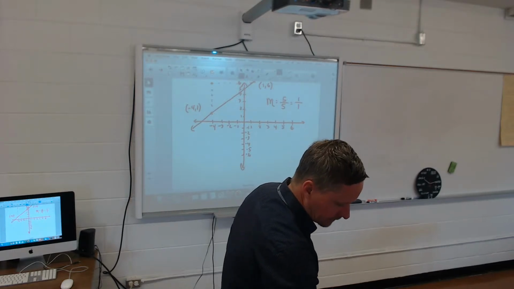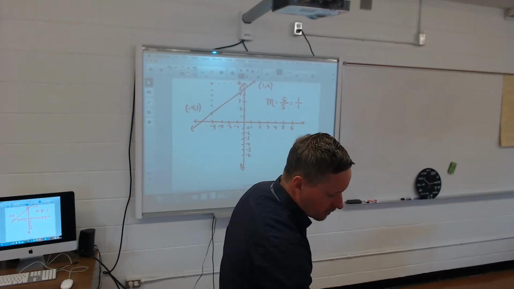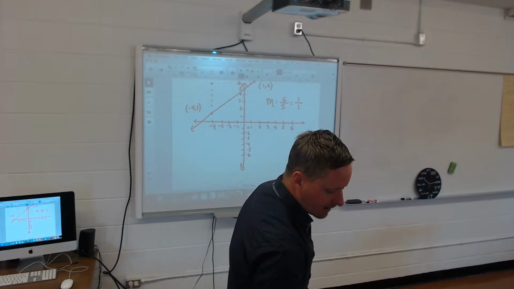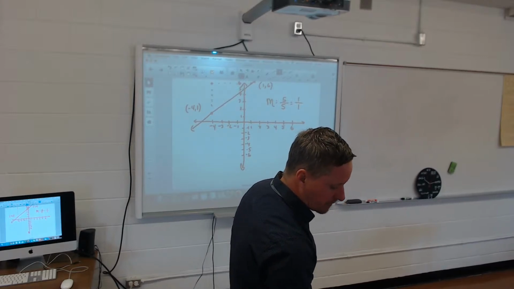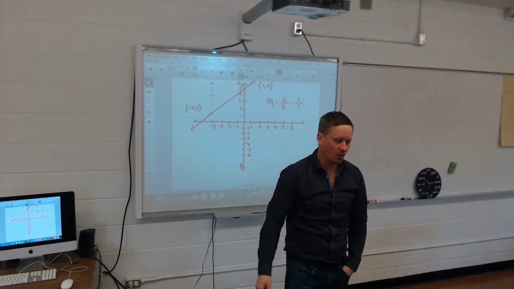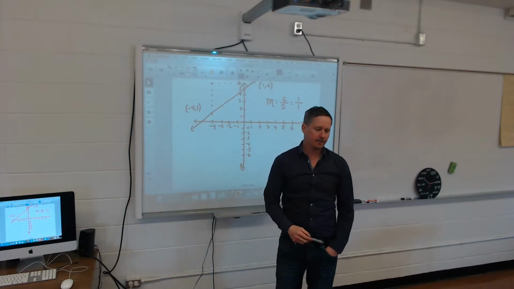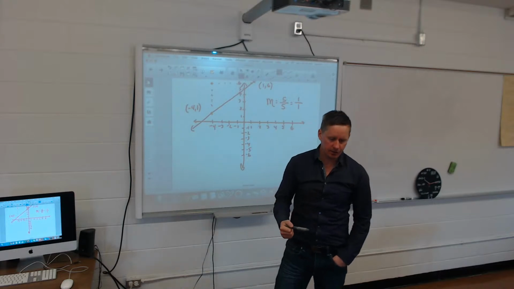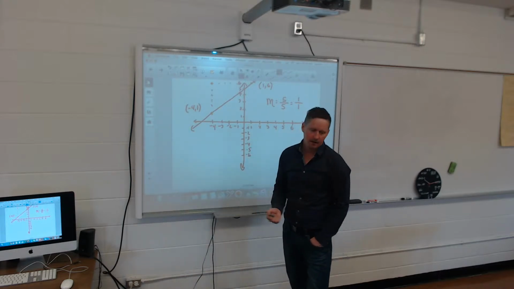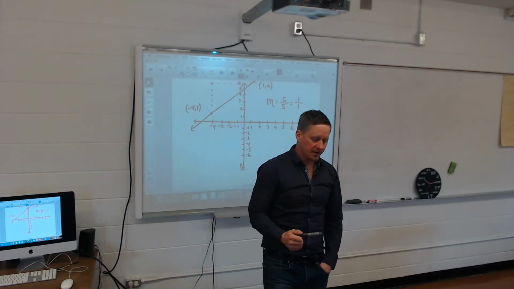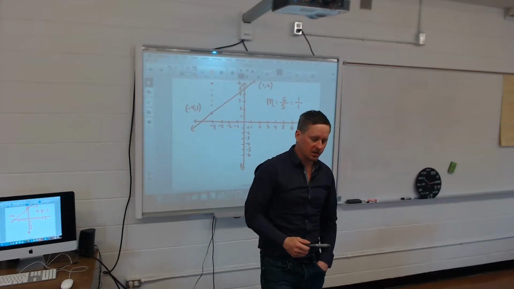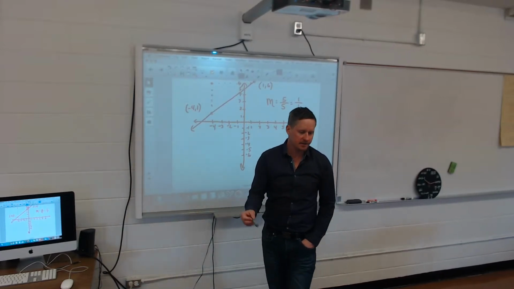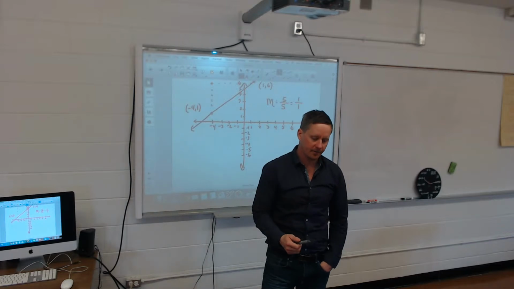All right, so 6.5 is all on slope. Now you should have done a little bit of slope work probably in grade 9. I'm thinking you should have done some of this graphing already. Your assignment did have a couple questions on slope, just because I had it set up already, 6.1 to 6.5.